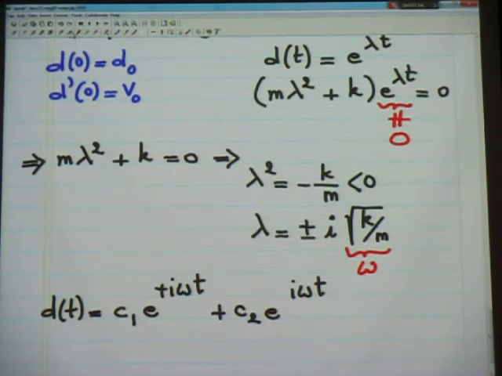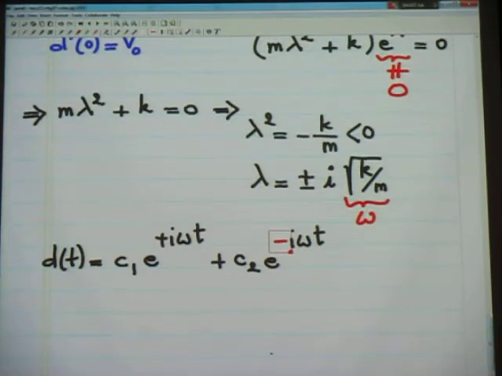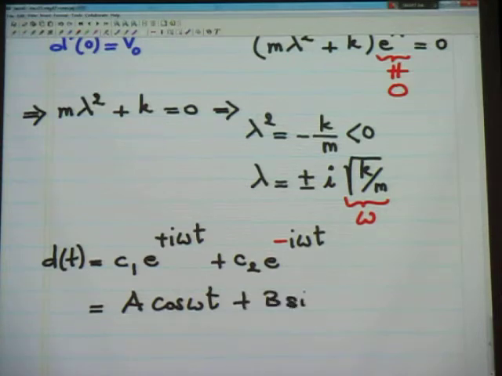Maybe I will put it in red to catch your attention. Then, through an argument in one of my sections, you can convert this into cosine and sine using the Euler formula. So you can write this as A cosine omega t plus B sine omega t.